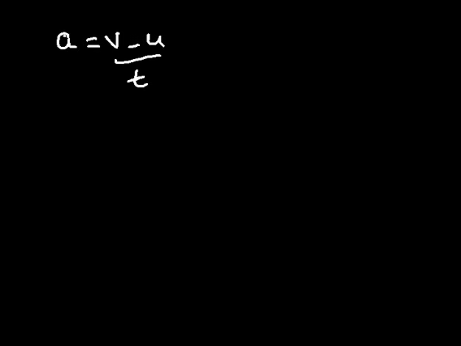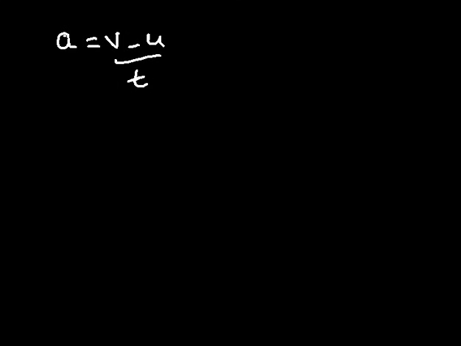That's why we say acceleration is the average rate of change of velocity per unit time. That is acceleration. Now for this case, this is the final velocity, this is the initial velocity, and this is the time it takes. That is how you should have it.